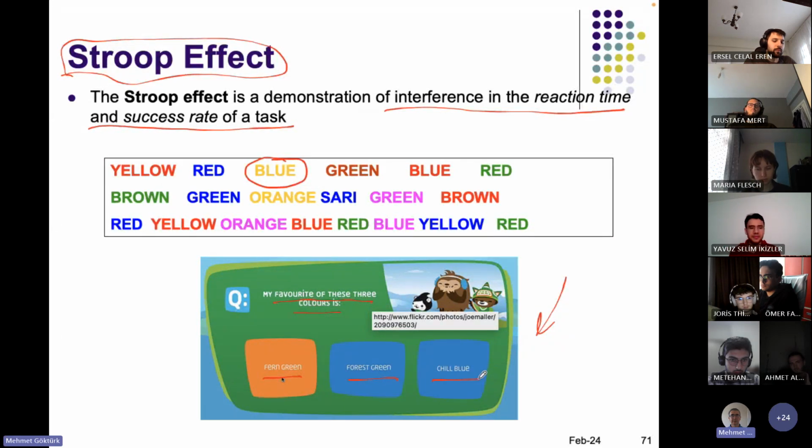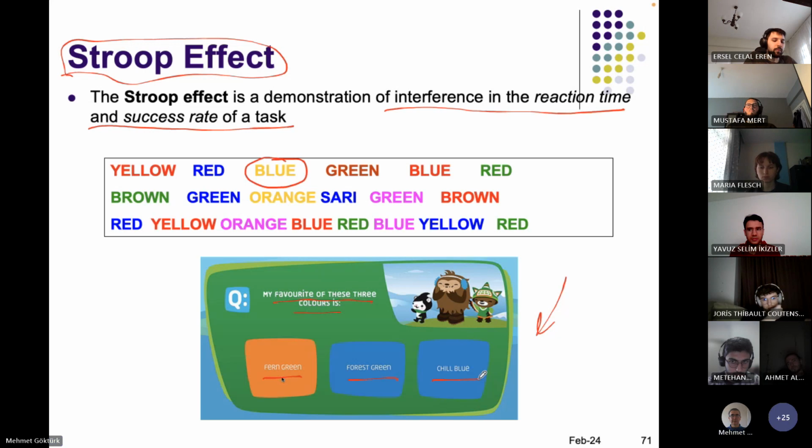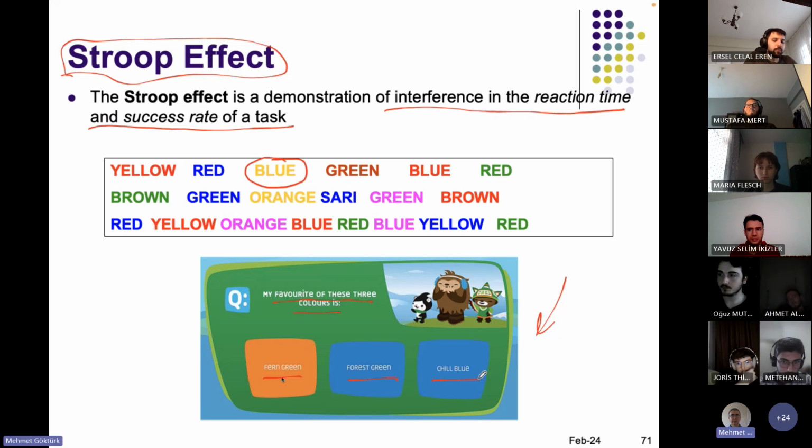So you have to think about colors, but they are labeled with different colors than the actual answer. So it creates a conflict. This conflict may reduce the performance of the student or child or the person. That interference also happens with audio.